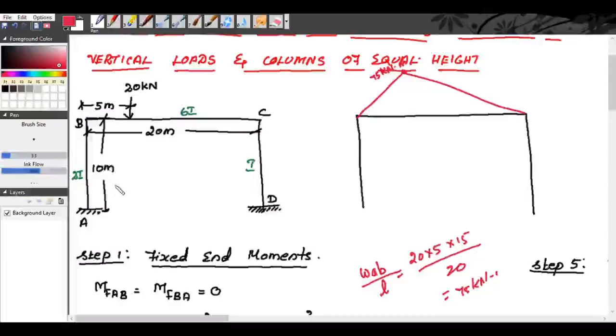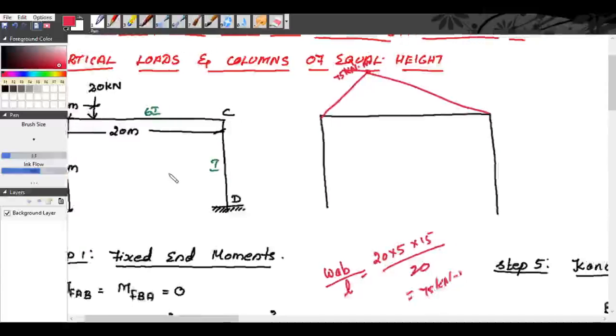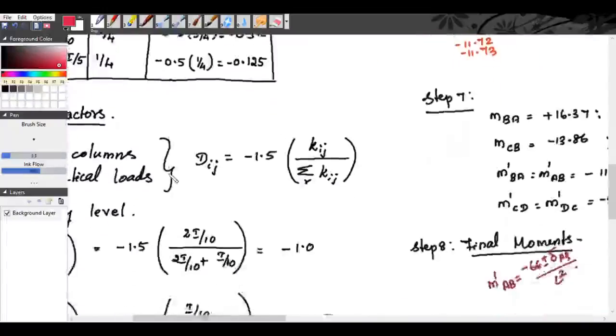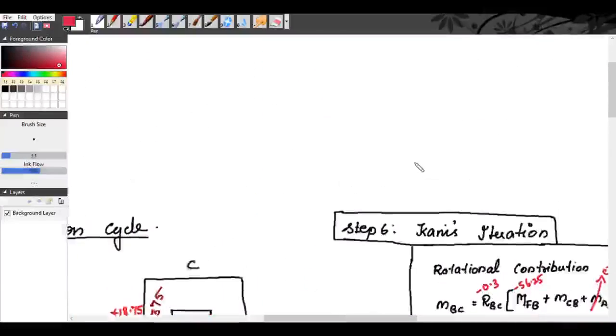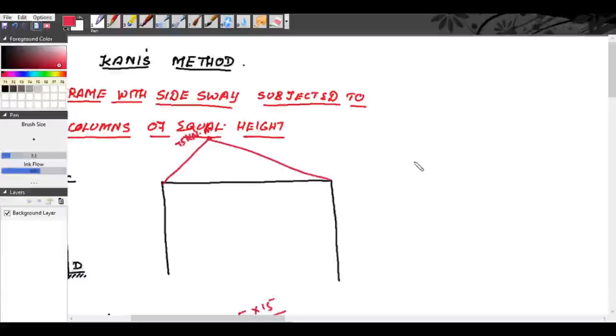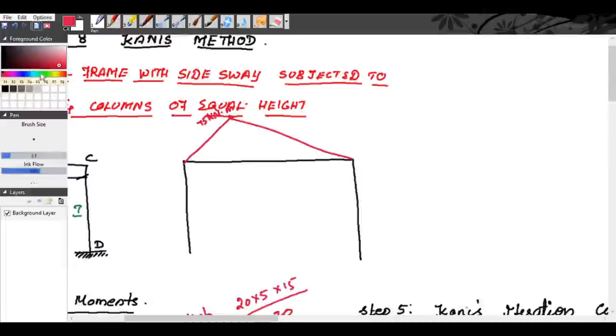Now for the span AB, it is like this, 4.64 and 21.01.